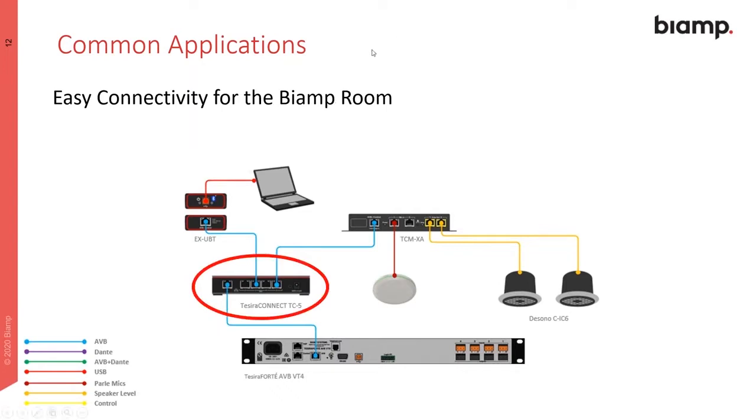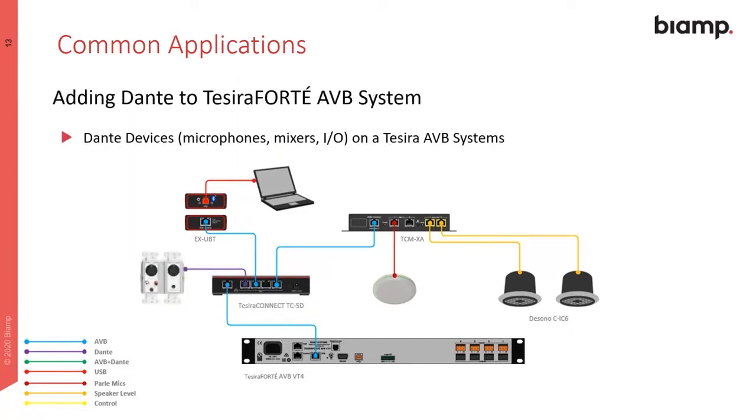The next application that can be done is to enable Dante, for example, a microphone. A lot of times, if you have an RDL connectivity faceplate which runs over Dante, you already have a system which is running over AVB, but now you want to integrate Dante into your system.